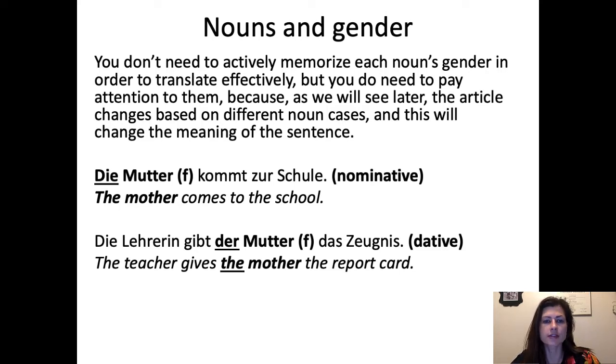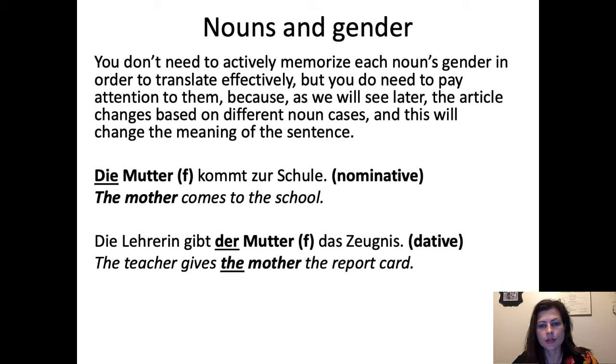Feminine dative is der. So it has changed its article because it's changed its noun case, but it's helpful to know that Mutter is actually feminine, because when you see der Mutter, you think, well, that's not right. It's not that it's not right, it's just not nominative, it's dative.